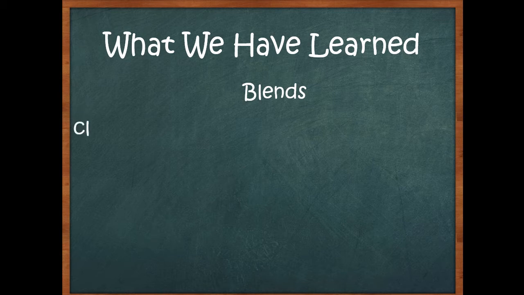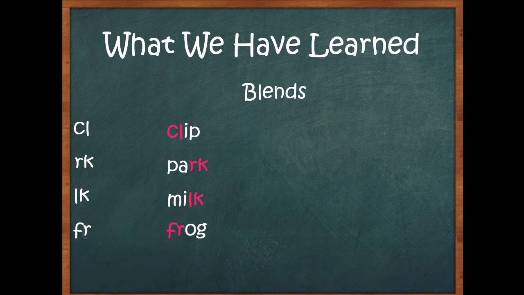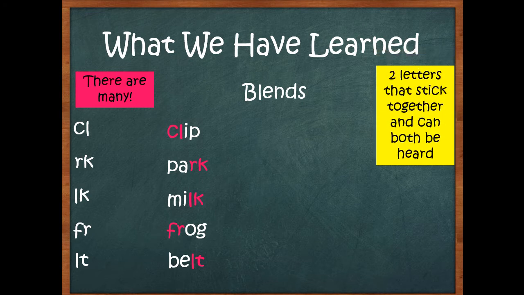So we have an example like CL, cl, as in clip, and RK, as in park, and LK, like in milk, and FR, fur, like in frog, and LT, like belt. Okay, there are many, many blends. So again, we know them when we see consonants sticking together and we can hear each one of them.